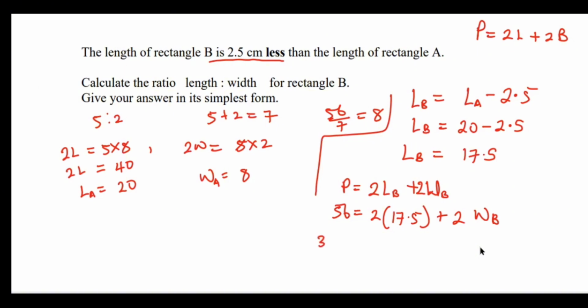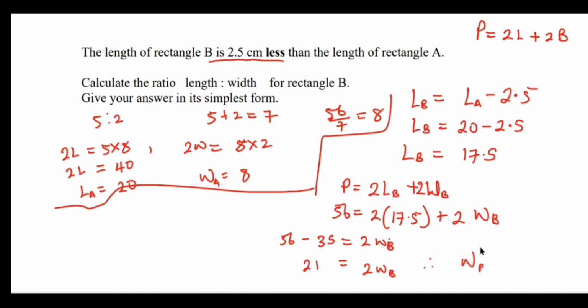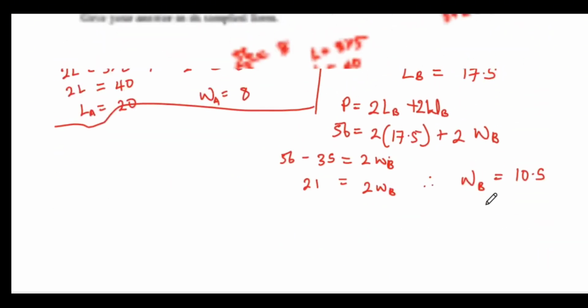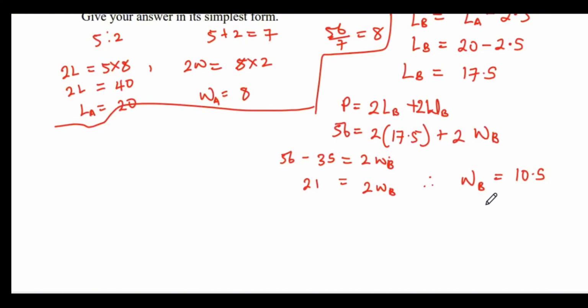So 56 minus 35 equals 2WB. 56 minus 35 will give us 21 equals 2WB. Therefore, WB equals 10.5. So we have gotten the width of the second rectangle.